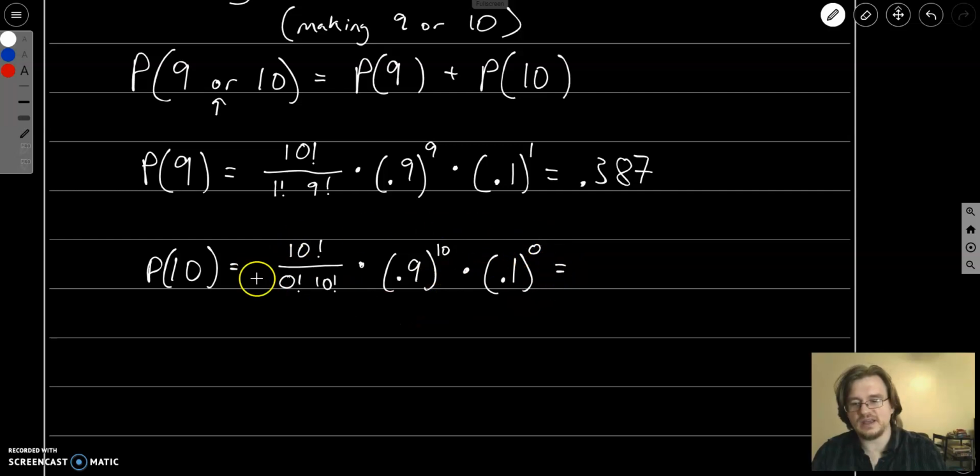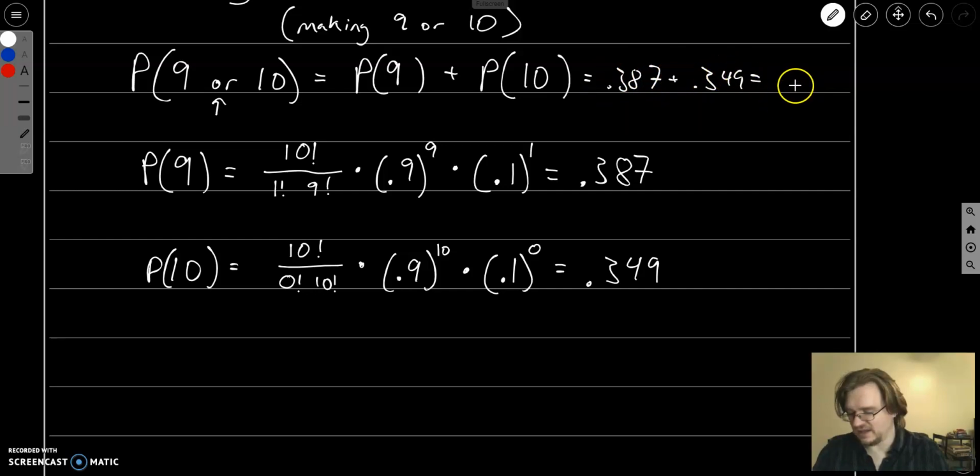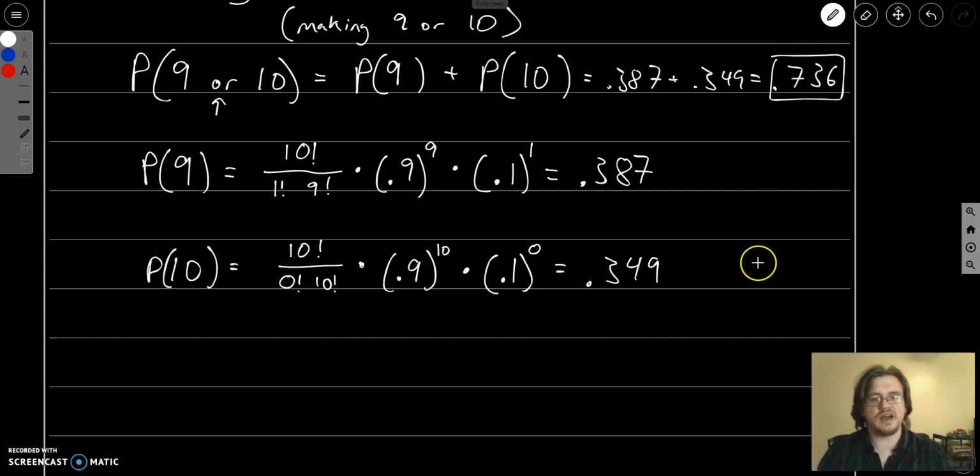And if we calculate all of this, we will get 0.349. And so then I can plug this back up into here, and we get 0.387 plus 0.349, which is going to be 0.736. So this is the probability of making either 9 or 10 free throws.